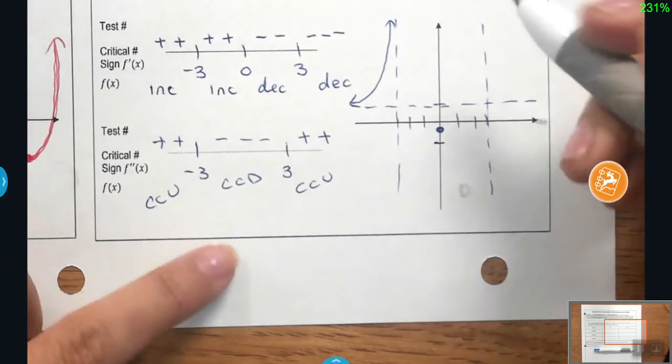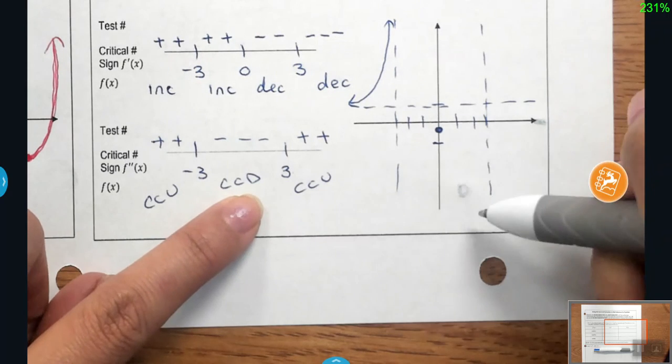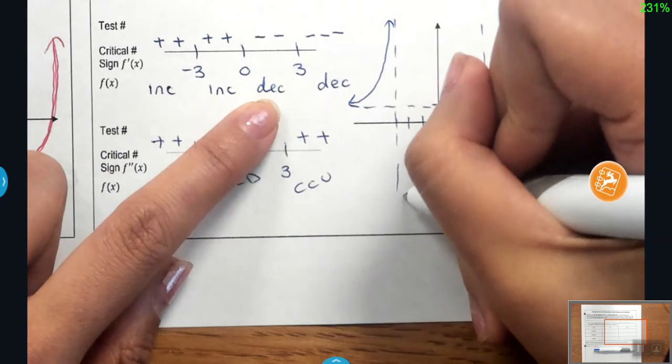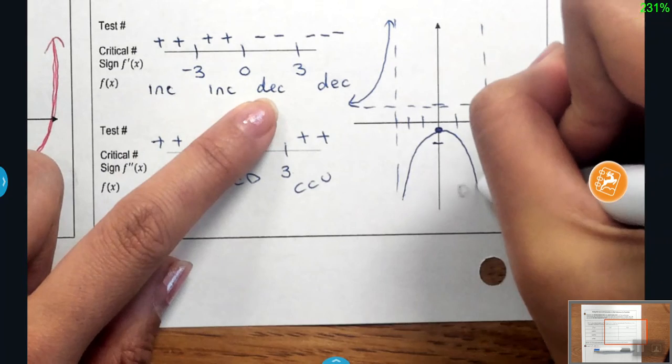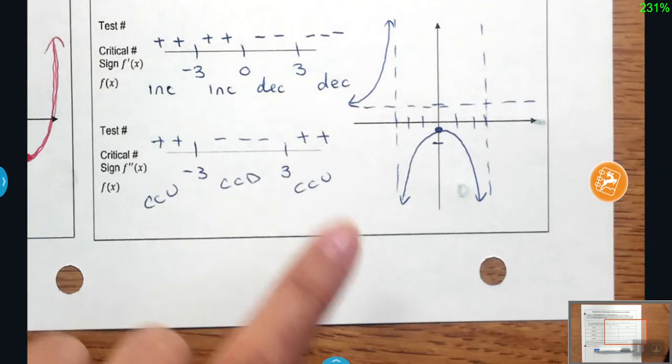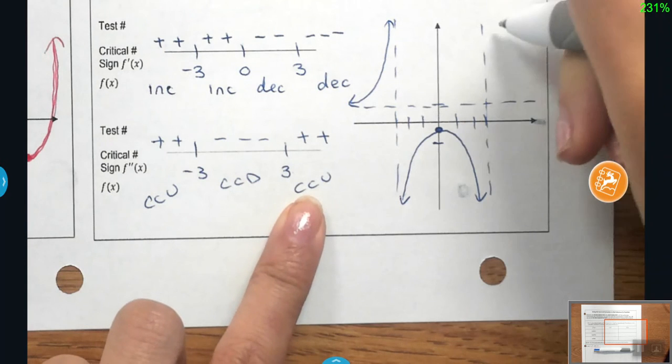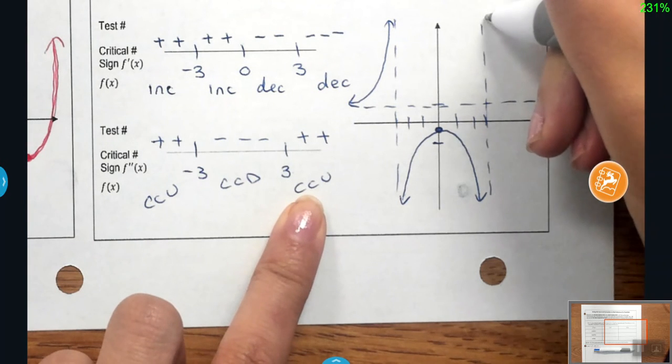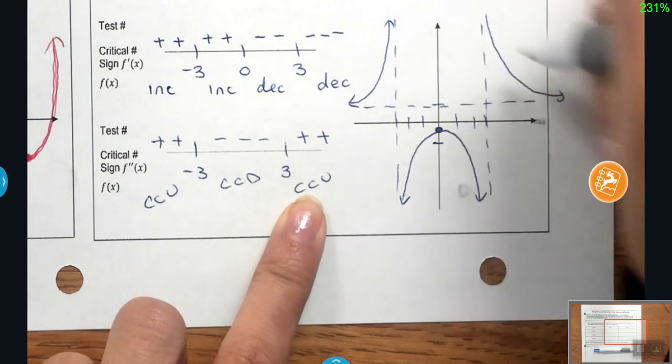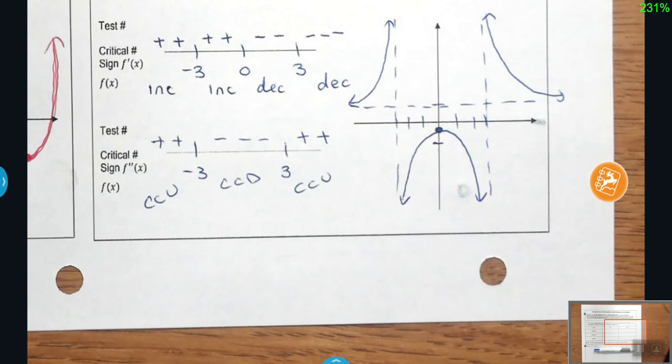Then we're concave down from -3 to 3, increasing then decreasing, so this will look like a parabola. Then we are decreasing from 3 on and concave up. Decreasing but concave up has to go on this side. And then that's it.